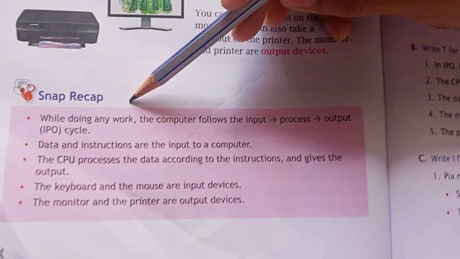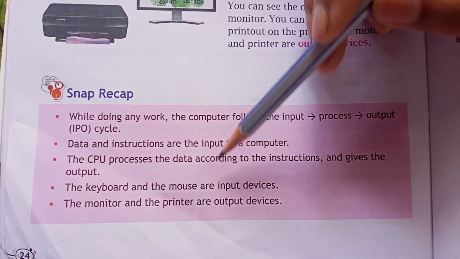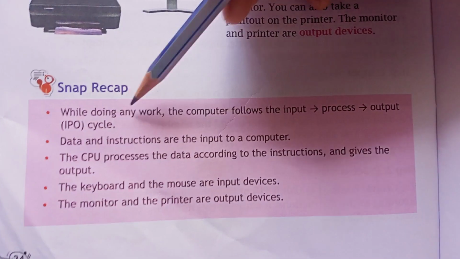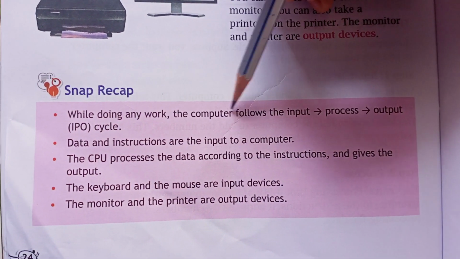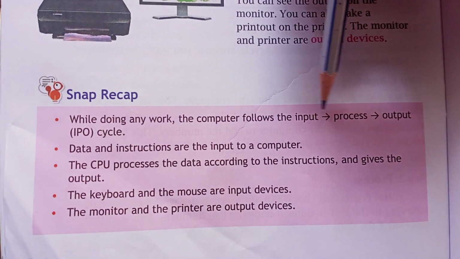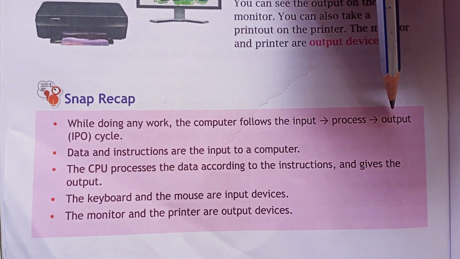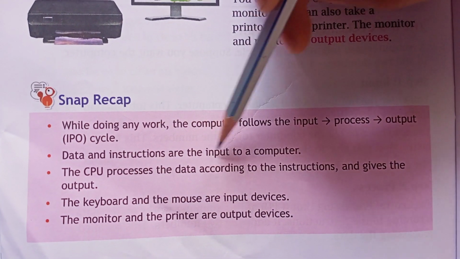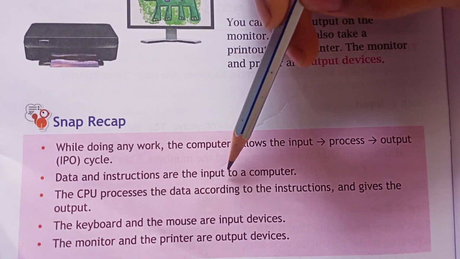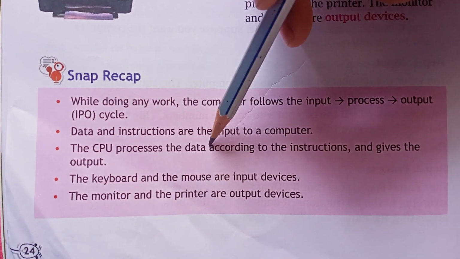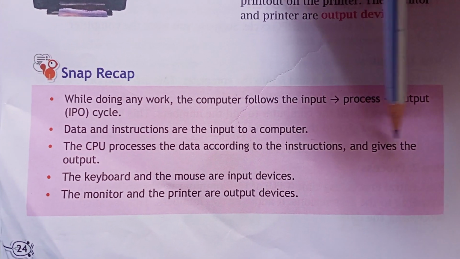Now see, snap recap, a small summary of the whole chapter. While doing any work, the computer follows the IPO cycle. What is the IPO cycle? Input, process and output. The data and instructions that we give to the computer are called input. Number 3, the CPU processes the data according to the instructions and gives the output.